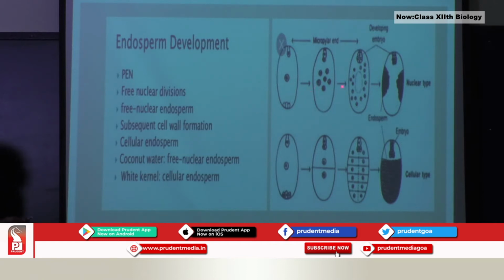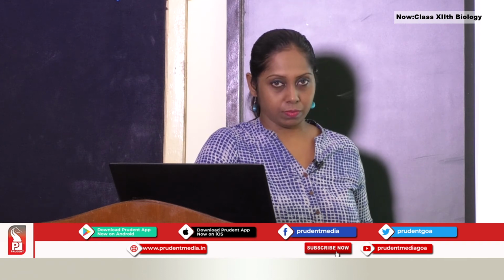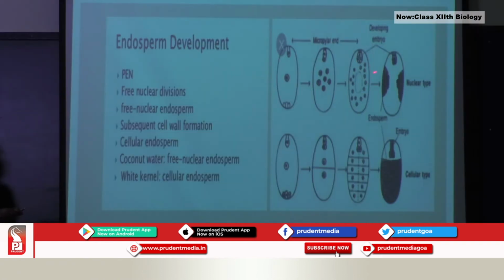So what you see here is only free nuclei formed through mitosis, freely circulating in the primary endosperm cell. And how are these free nuclei formed? Through mitosis and only with karyokinesis.